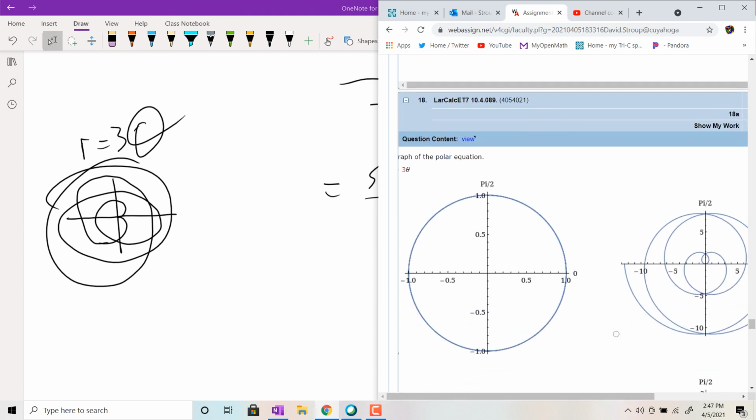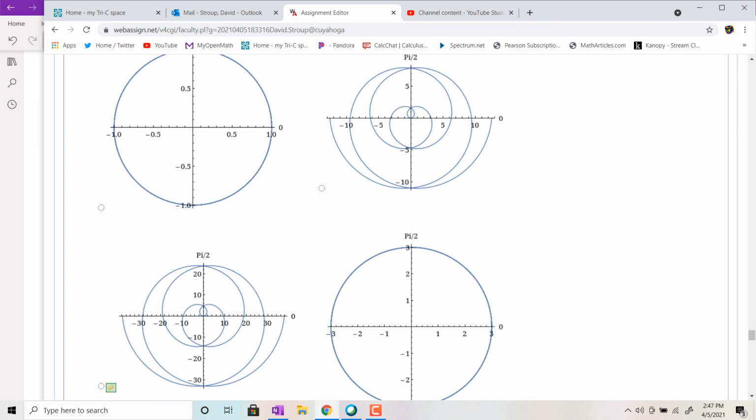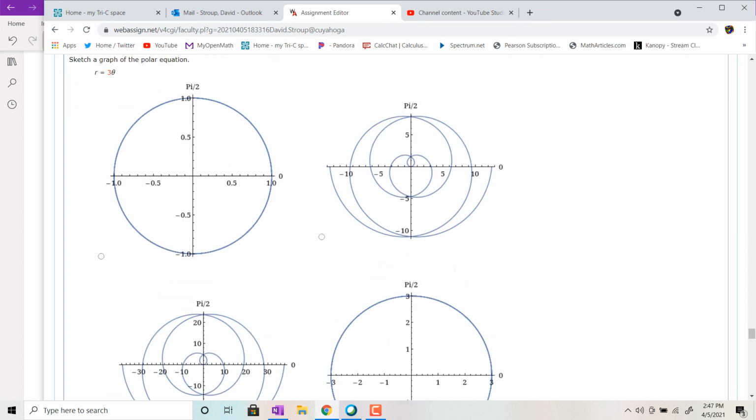So r equals 3 theta. So pi over 2, it should be 3 pi over 2. At pi, it should be 3 pi, so it would be like 6 something.